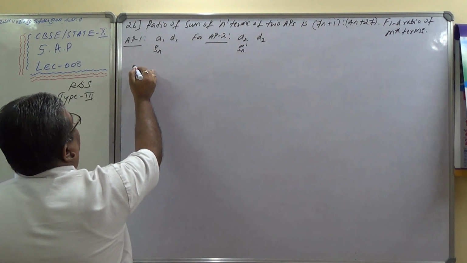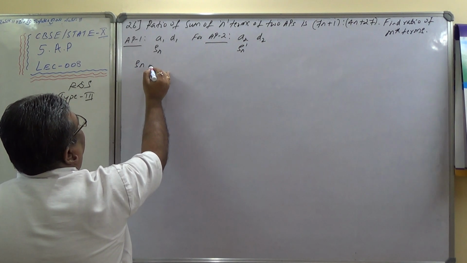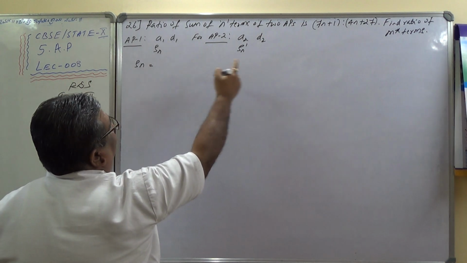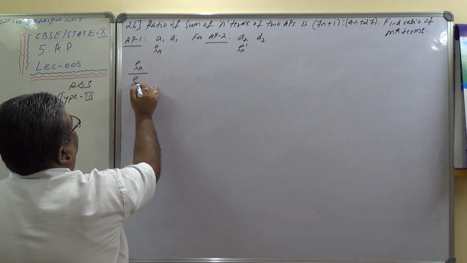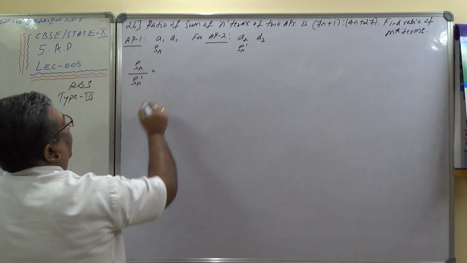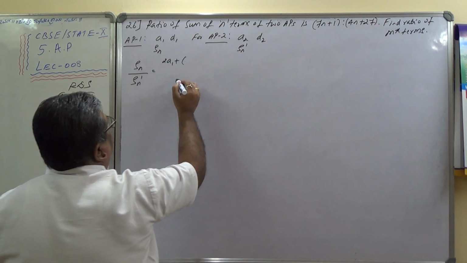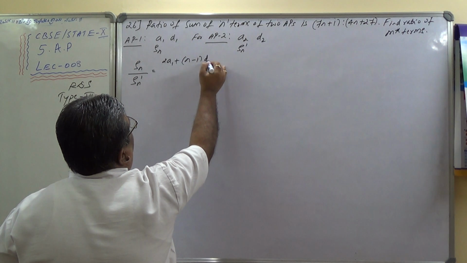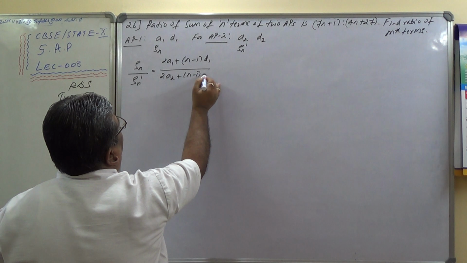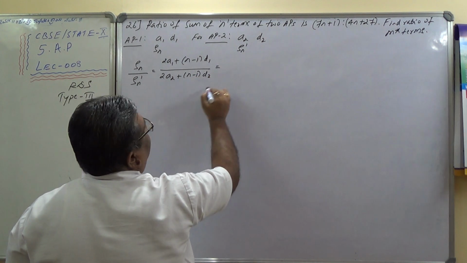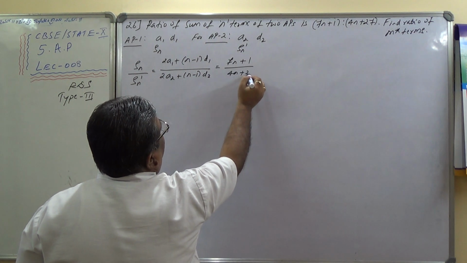Therefore, given that the ratio of the sums is given, Sn by Sn dash is equal to (2a1 plus (n minus 1) d1) divided by (2a2 plus (n minus 1) d2) equals (7n plus 1) divided by (4n plus 27).